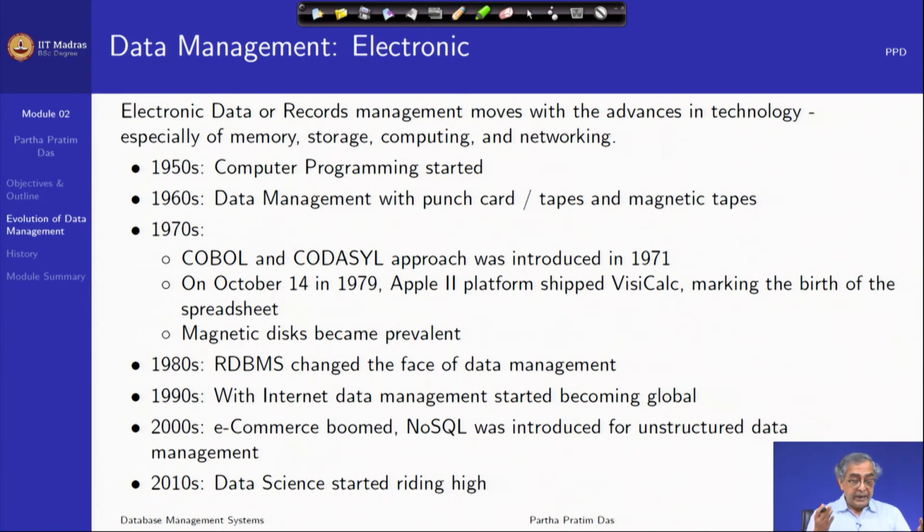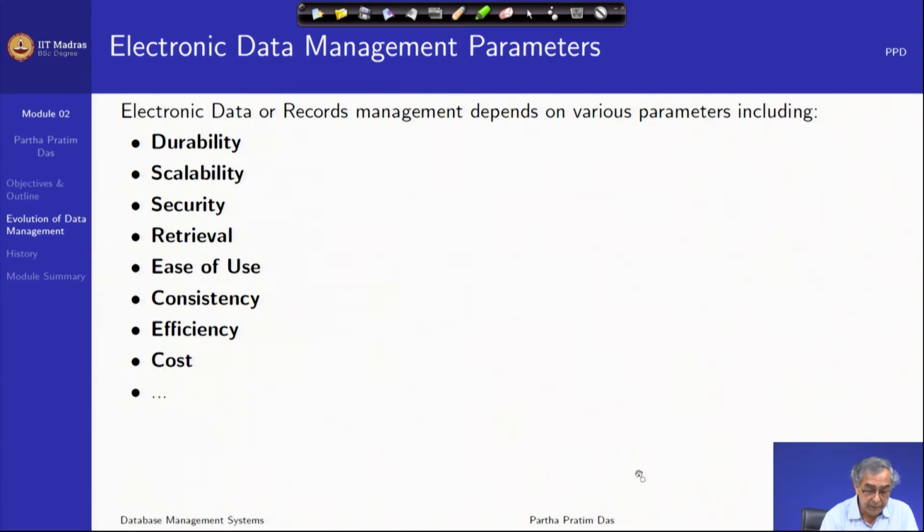In the last decade, data science started riding high, and today you are there, you will write the next future of data management using electronic systems. So, this is a very broad evolution if you look at it.